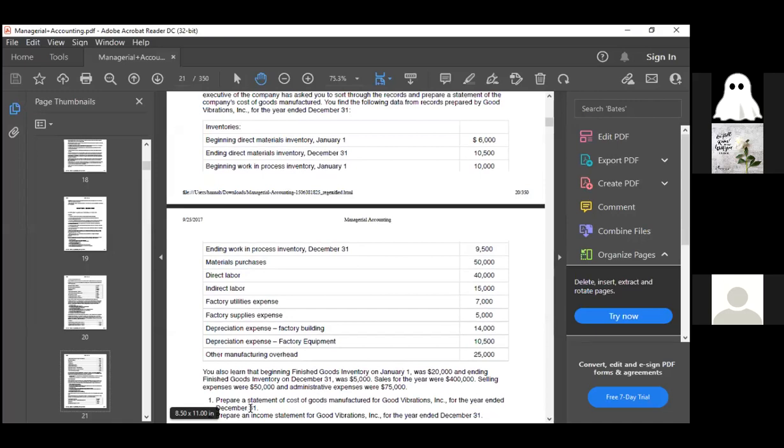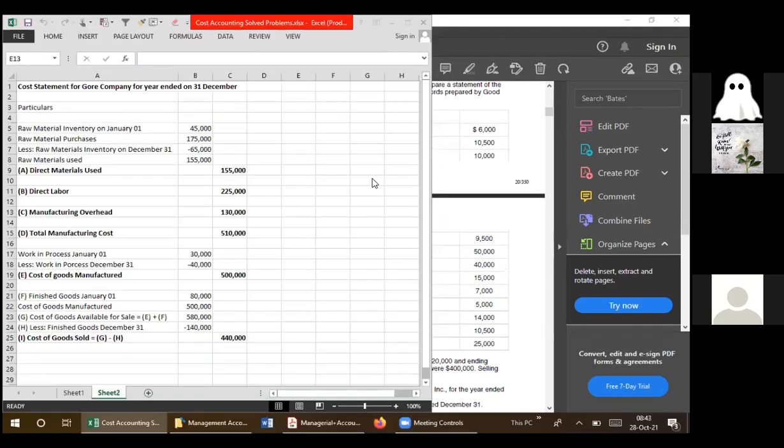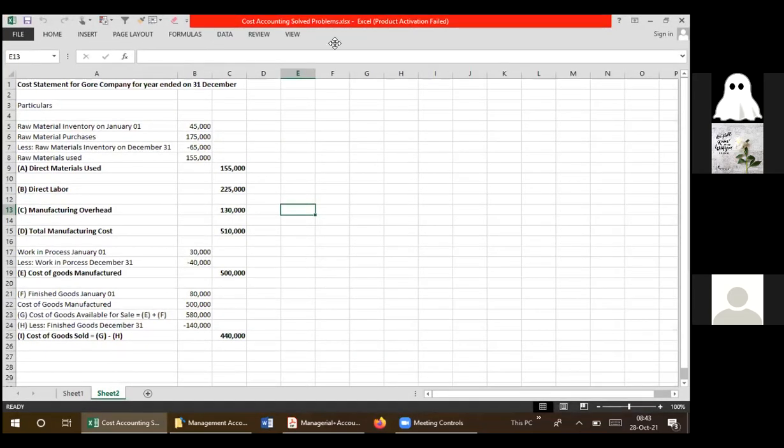So it can be done, like we can stop our cost statement at a particular point. Like if we want, we can finish our cost statement at this point, cost of goods manufactured.